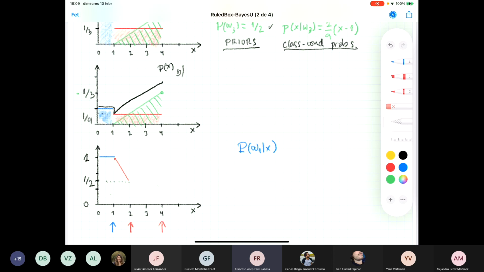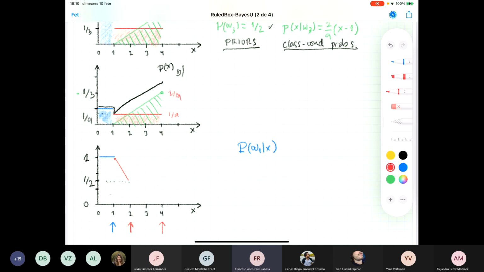Okay, what's the value of the posterior here? Okay, so this is 1/9. This is 1/3, and this is 2/9.